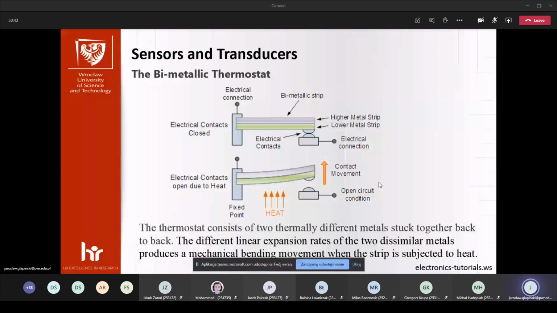On the one hand, this is a sensor because it senses the temperature, and we can also say it's an actuator because we can move something to open it. So this is the easiest temperature sensor, but not the last.